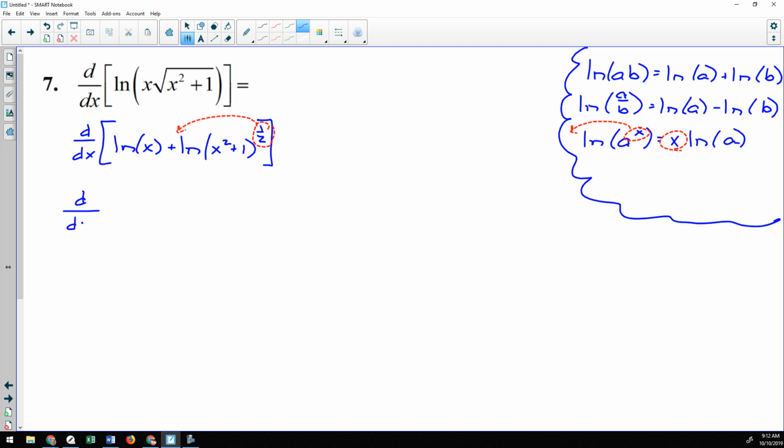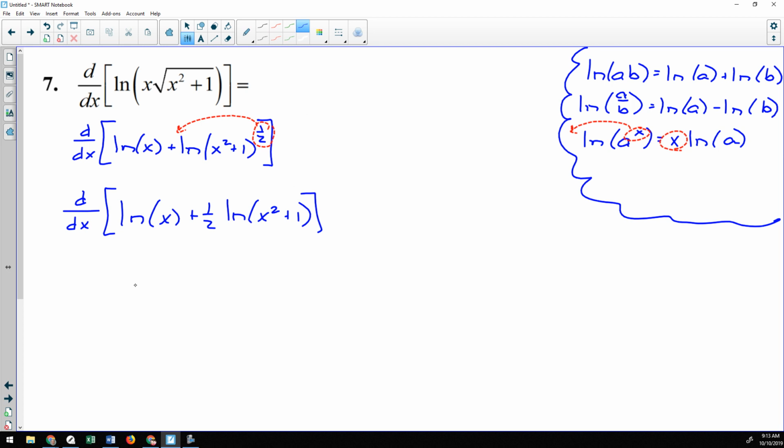These are all properties of logs that you learned in Algebra 2 and in pre-cal, but I can rewrite the function that I'm differentiating as the natural log of x plus 1/2 natural log of x squared plus 1. And now there is no longer any difficult calculus. The derivatives that we're going to do here are very straightforward. I've eliminated the product rule, and I've eliminated that ugly chain with x squared plus 1 to the 1/2.